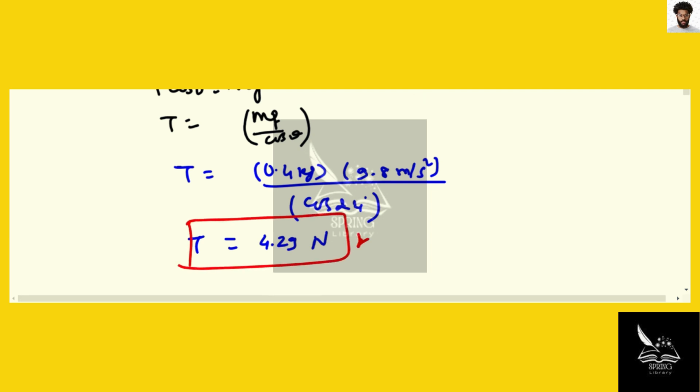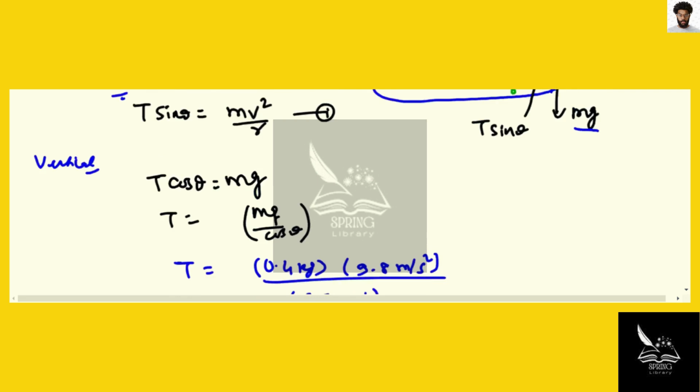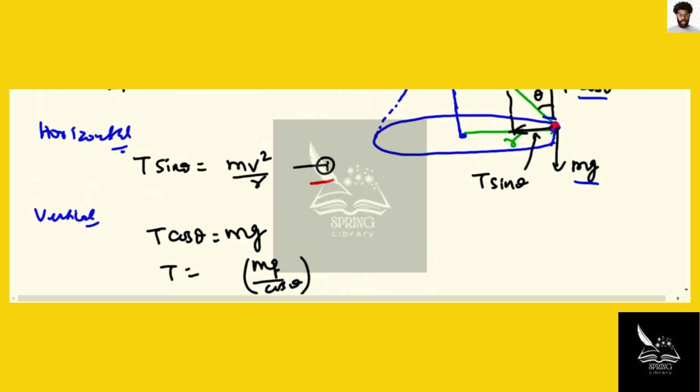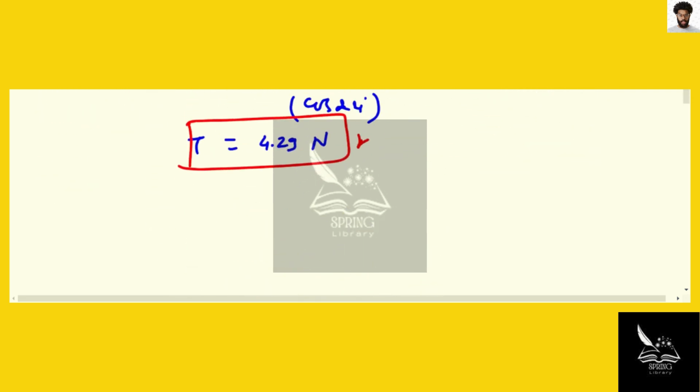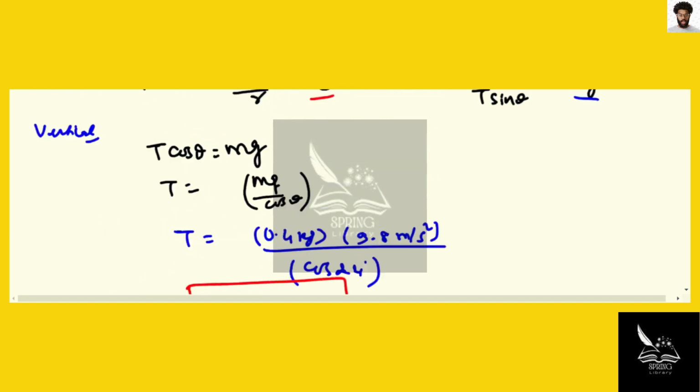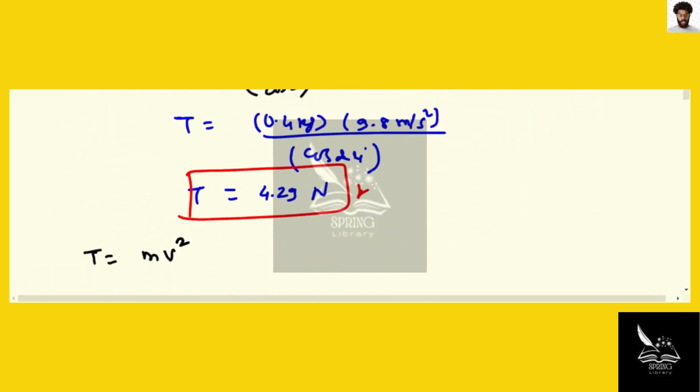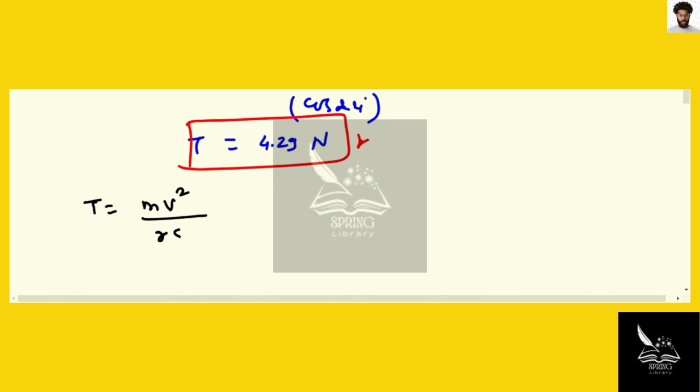Now we have to find the velocity. From equation number one, T equals mv square by r sin theta.